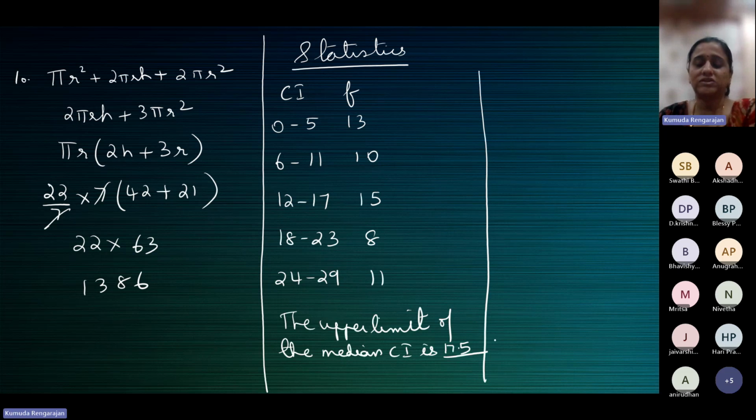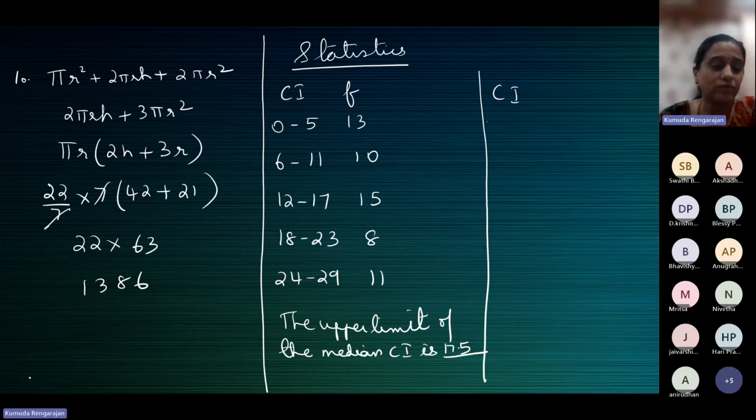Yes, ma'am. Bhavishya, okay. Hasif says 16.5. Let's see. So the first thing, according to me, you should be doing is to make the class intervals continuous. For median and mode, you must ensure that the class intervals are continuous. If they are not continuous, make them continuous. That's the first step.